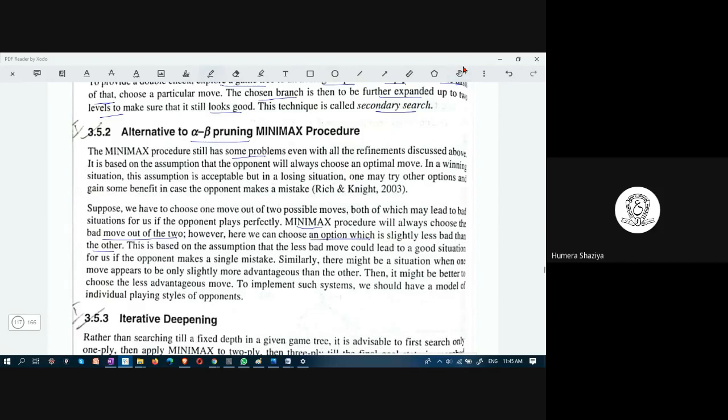This is based on the assumption that the less bad move could lead to a good situation. And likewise, there might be a situation when one move appears to be slightly more advantageous than the other, and then it is better to choose the less advantageous move because further down the line, this more advantageous move may lead to a bad choice. There are several cases.